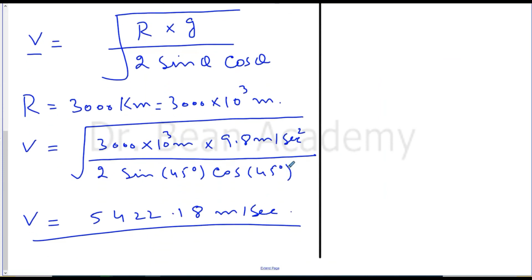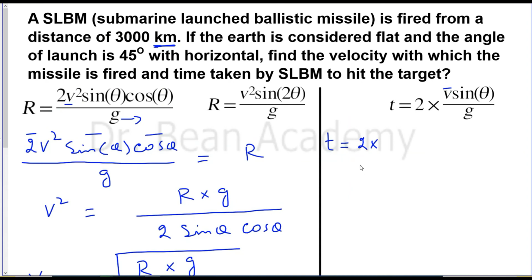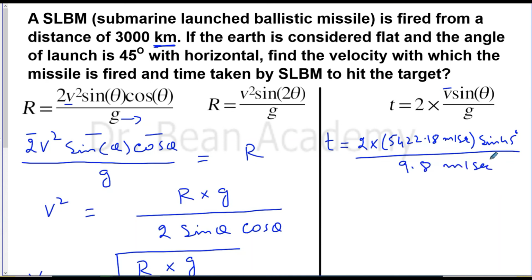Always remember, insert the value with a standard base unit. So it's 5422.18 meter per second, times sine of 45 degrees, divided by 9.8 meter per second squared.